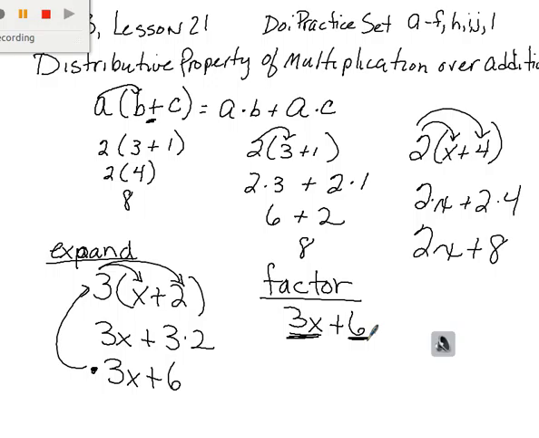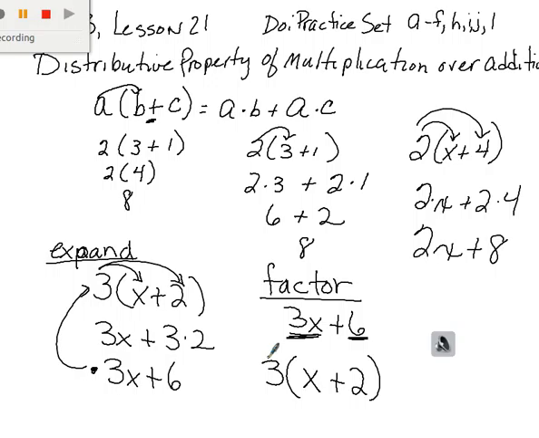And it is the number 3. 3 is a factor of 3, and 3 is a factor of 6. So you are going to factor out 3, which means you are going to basically divide each term by 3. 3x divided by 3 is x. 6 divided by 3 is 2, and your answer is 3 times (x plus 2).